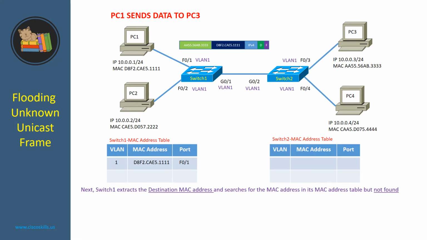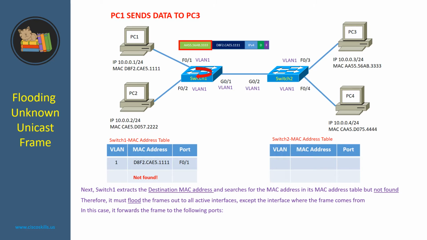Next, switch 1 extracts the destination MAC address and searches for the MAC address in its MAC address table, but not found. Therefore, it must flood the frame out to all active interfaces except the interface where the frame comes from.